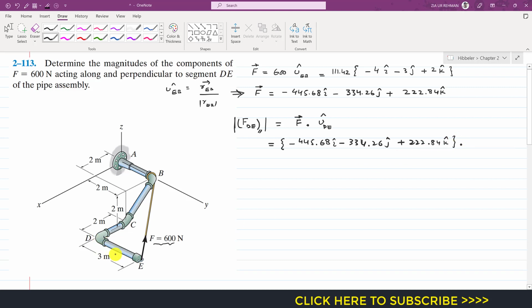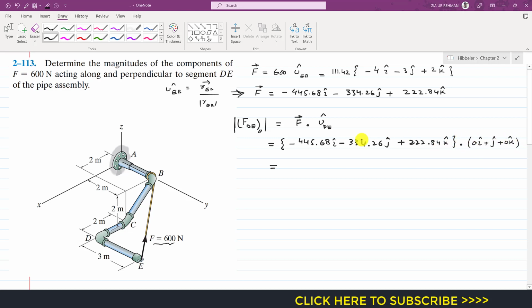As we can see, this DE portion of the pipe is parallel to the y-axis, so the unit vector along DE is equal to the unit vector along y, which is j. Written completely, that is 0i plus j plus 0k.